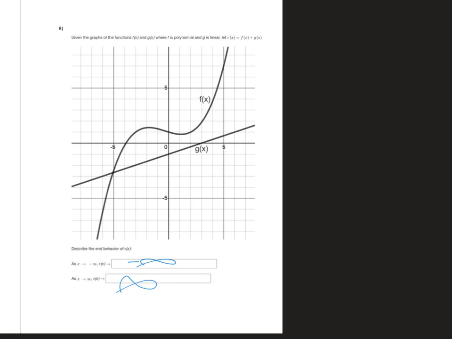So we're only adding the end behavior of these functions together. We're not talking about what happens in the middle. Nothing really on the screen is large enough to be considered an end behavior. But because we know that this one is linear and this one is degree 3, we can take what we're given here and we know what the rest of the graph will look like.